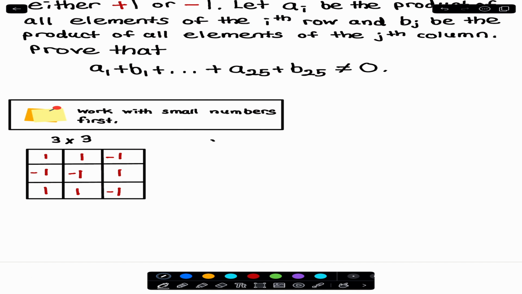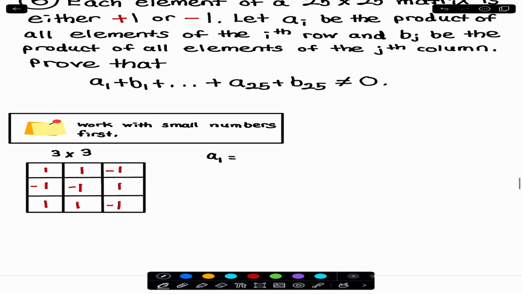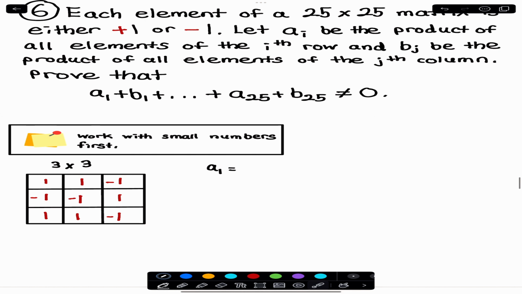Very quickly, A1, by definition, is the product of all elements of the first row. So 1 times -1 is -1. B1 is the product of all elements of the first column, so that's 1 times -1 times 1, which should be -1.